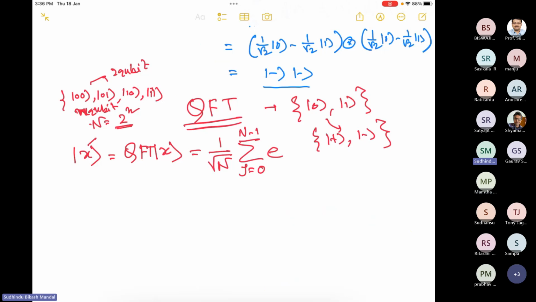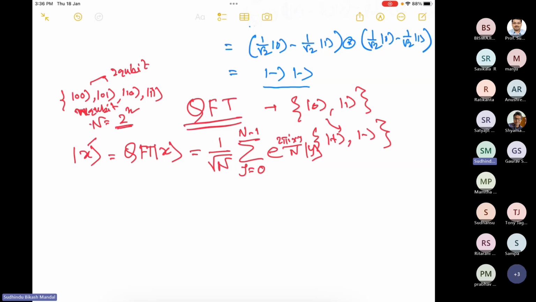So this expression is e to the power 2 pi i x y by N, |y>. This is the mathematical expression. If you are familiar with some signal processing, then you will very easily know this expression.